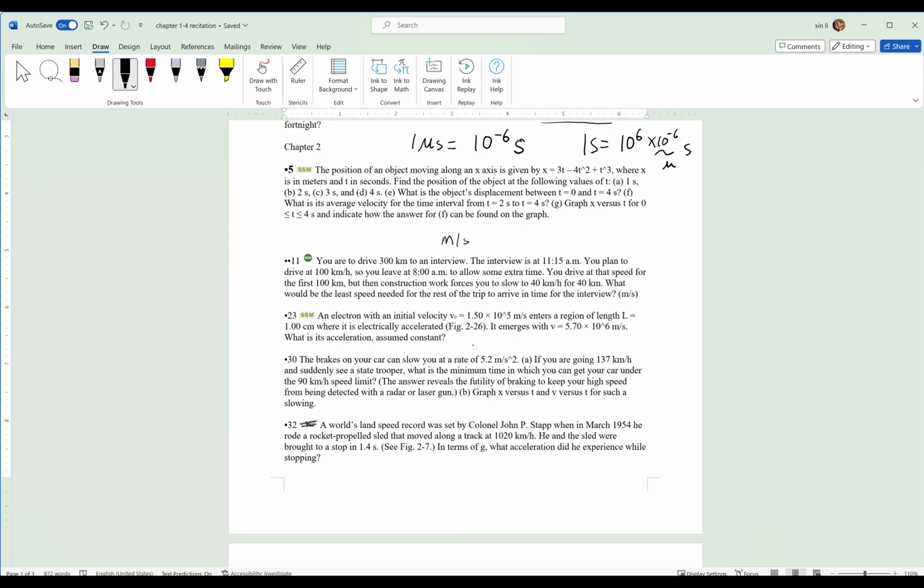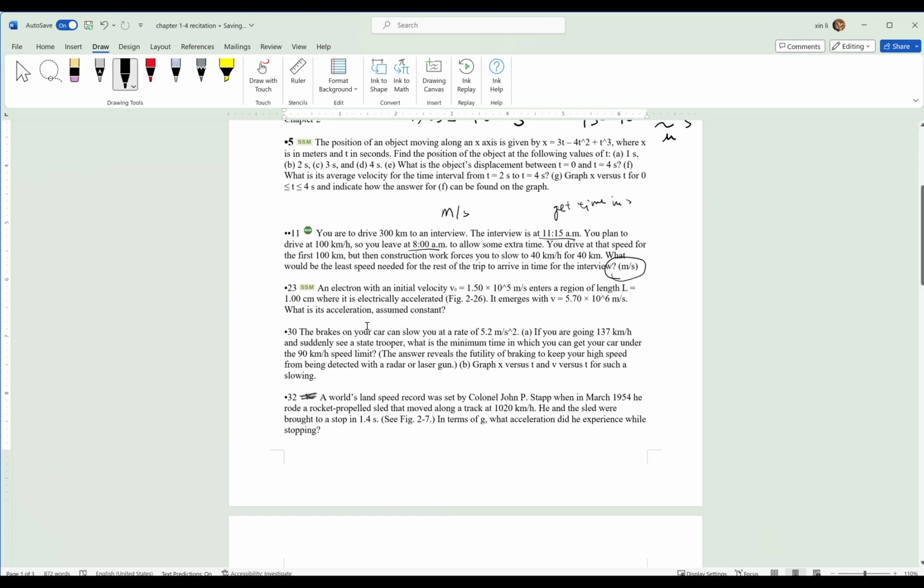And also 11:15 to 8, you are going to get time in seconds, okay? So try to use that, and you are going to get the speed in meters per second.